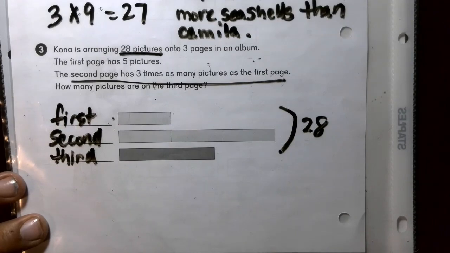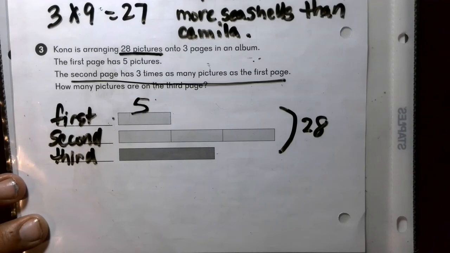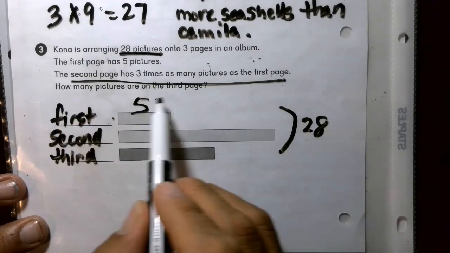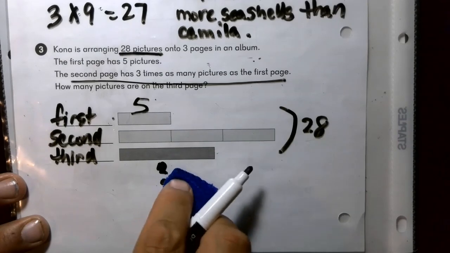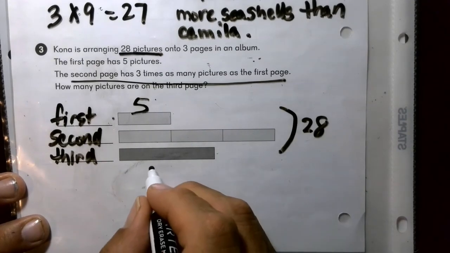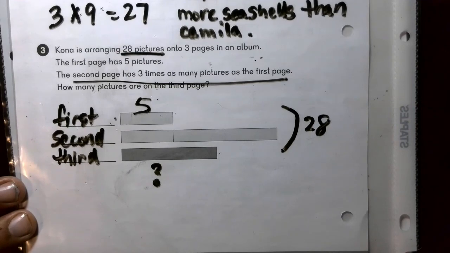It also says that the first page has what? 5. And that's where I'm putting my 5. So always look at your information. And then it says how many pictures are on the third page. So we're trying to find what the third page has. But before we do that, what could we do? Stop and pause.